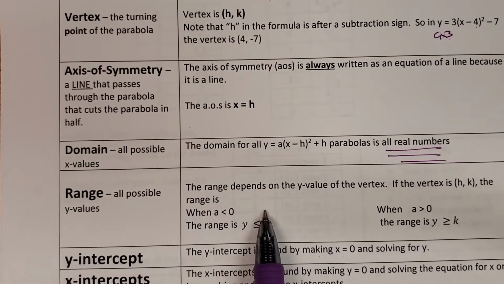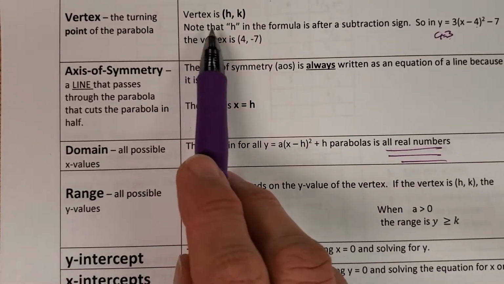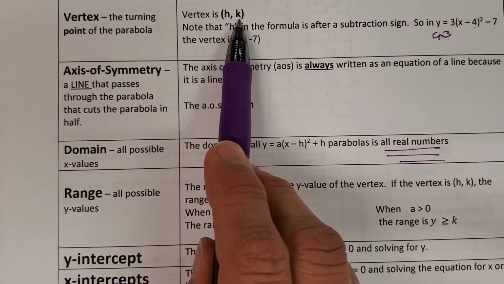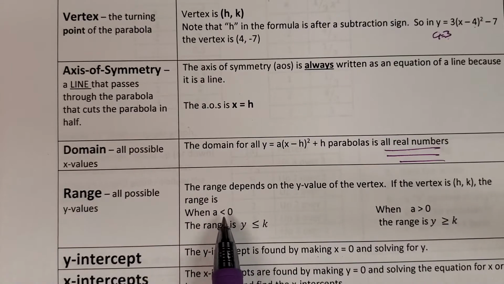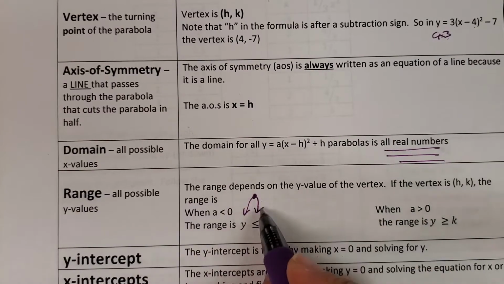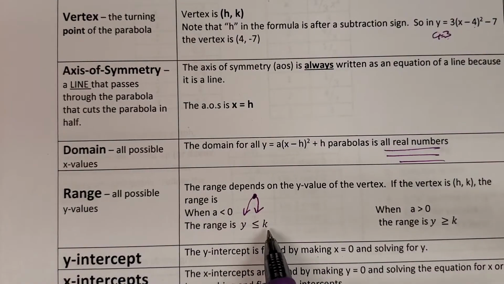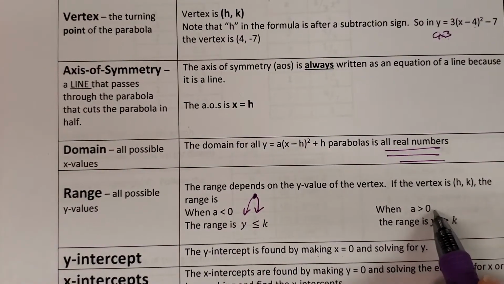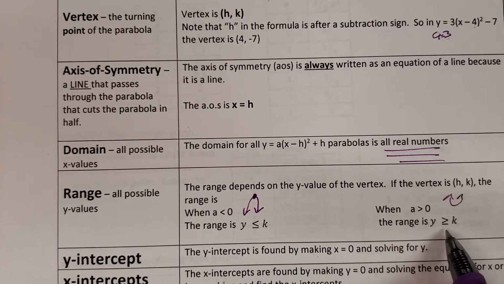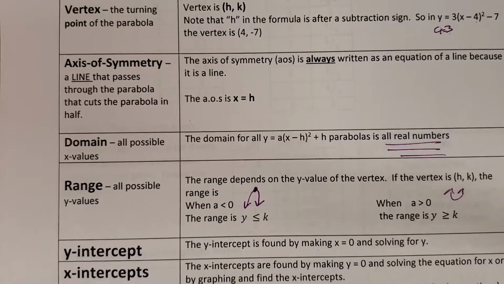Range depends on the y-coordinate of the vertex, and it's either greater than that or less than that. And so it depends on if it opens up or down. If A is negative, then we know it opens down, so it's going to be less than that y-coordinate of the vertex. And the y-coordinate is K. If A is greater than 0, we know it opens up. So we're going to say the range is y is greater than or equal to K.